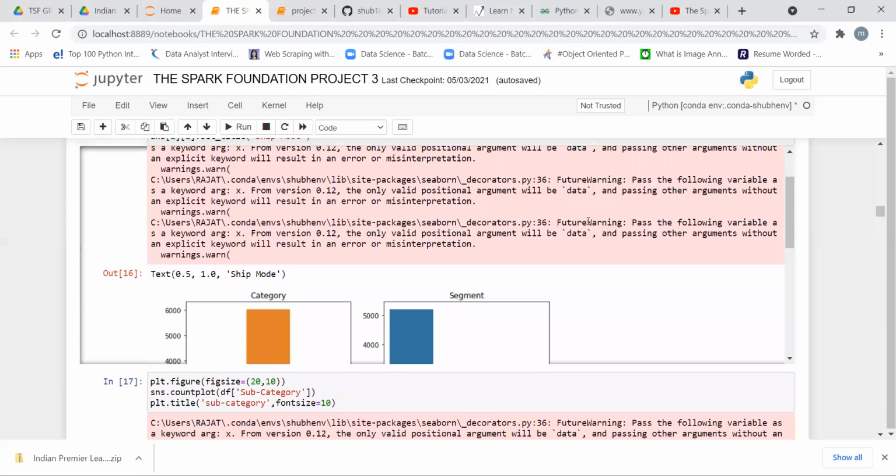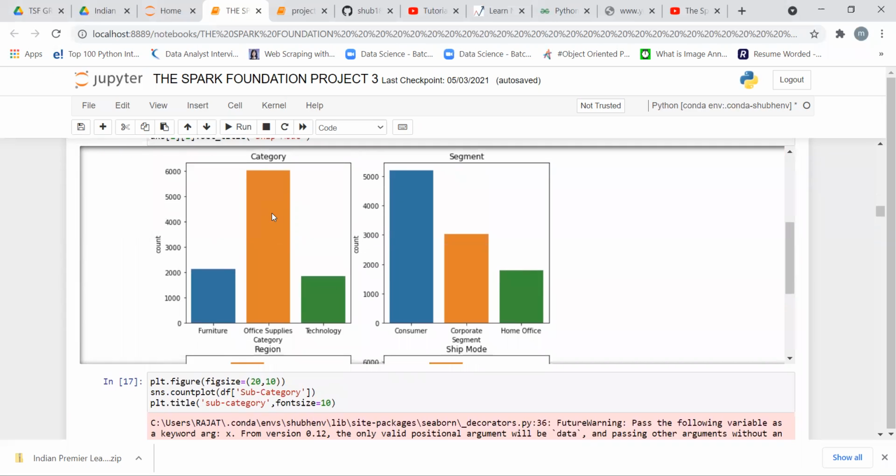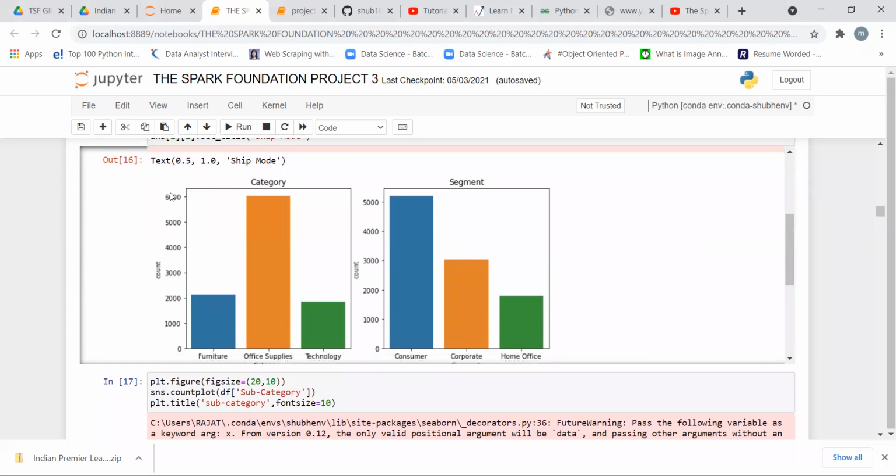Our category is divided into three parts: furniture, office supplies, and technology. We can see in this graph that office supplies is the major part, around 6,000.